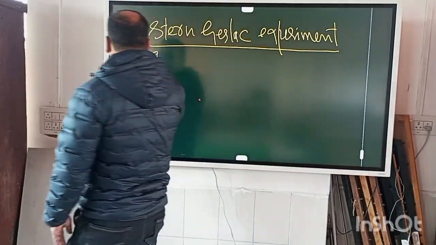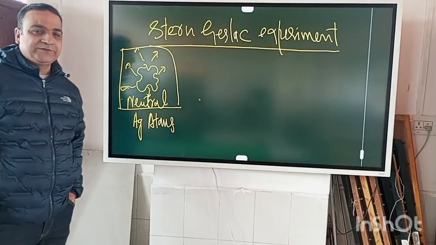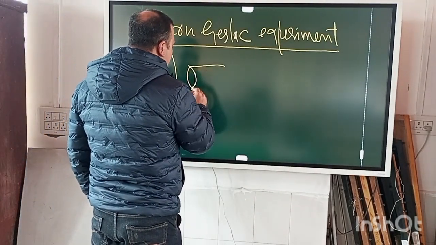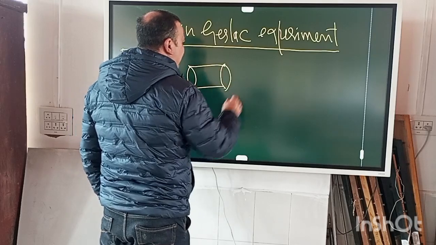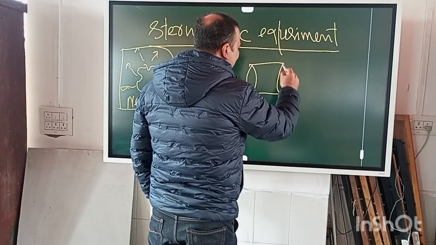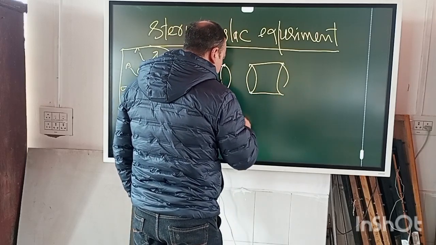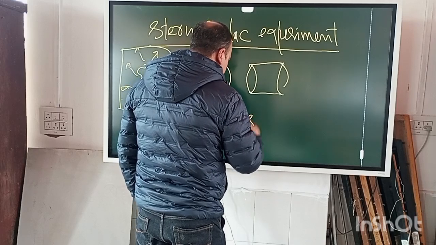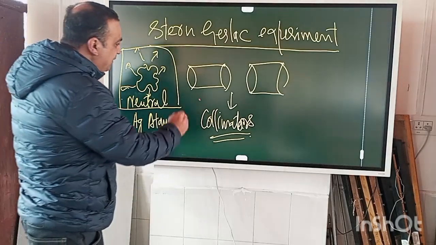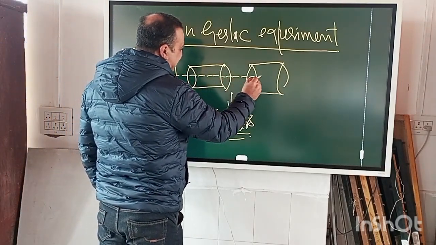So you have an oven, and this oven produces neutral silver atoms. And then we make use of collimators. We understand why we use collimators: to obtain a fine beam. Using collimators, we can have the fine beam of silver atoms.